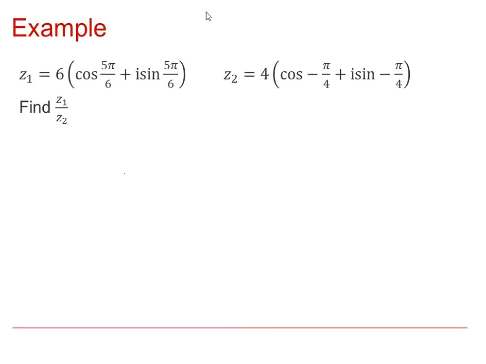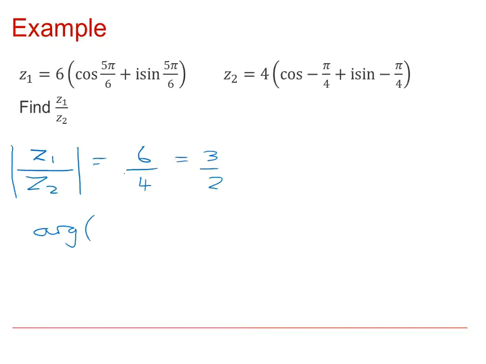If we look at this example here, then, we can see that to find z1 over z2, we know that the modulus of z1 over z2 is just going to be, in this case, 6 divided by 4, or 3 over 2, and that the argument of z1 over z2 is going to be 5 pi by 6 minus pi by 4, using the information from z1 and z2 above.